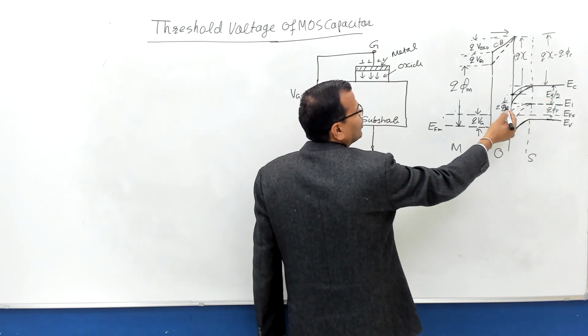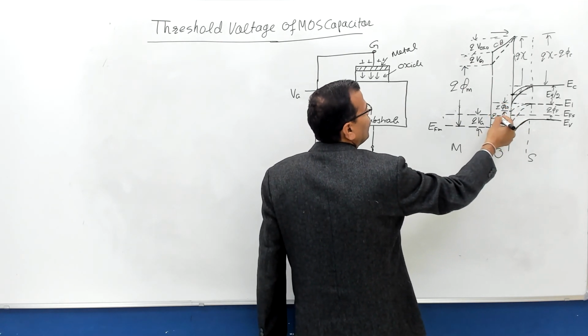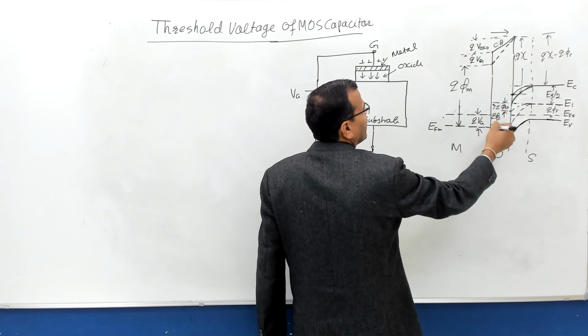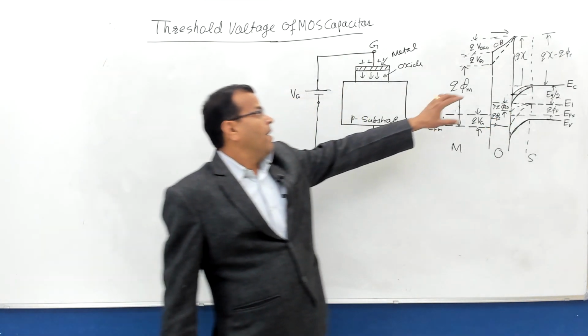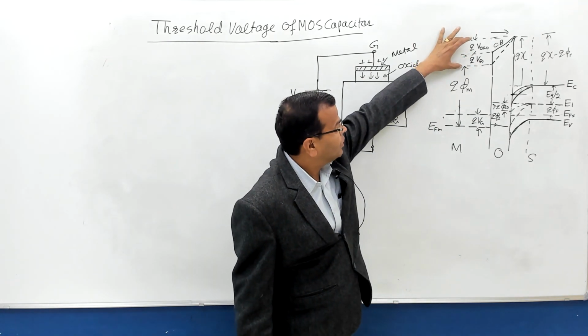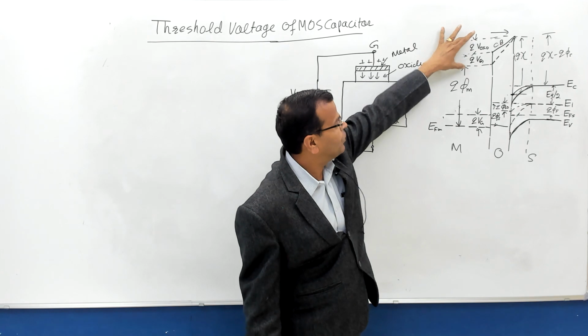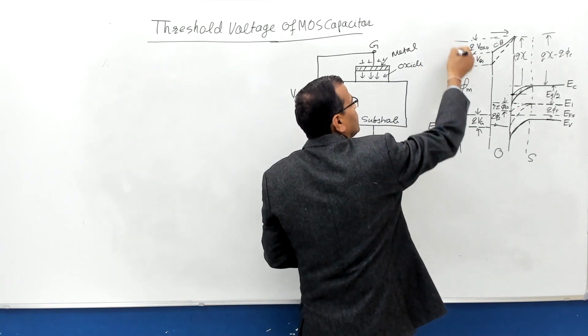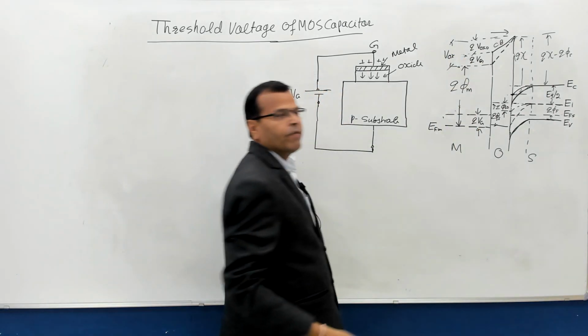So this was Q phi S naught earlier, now this will become Q phi S. So what has happened? My voltage drop across the oxide, which was Q V naught X naught earlier, has increased to this level. What is this level? This is V naught X now.